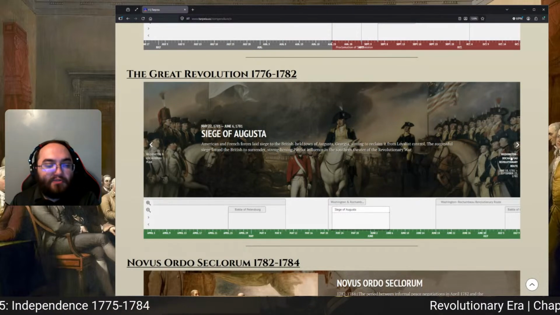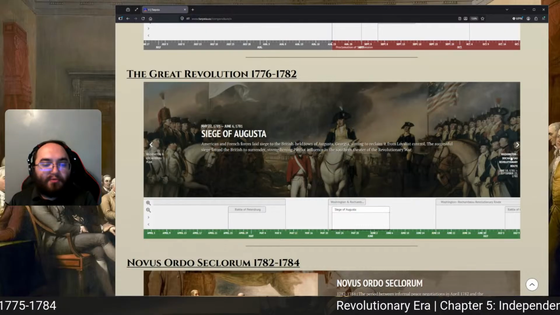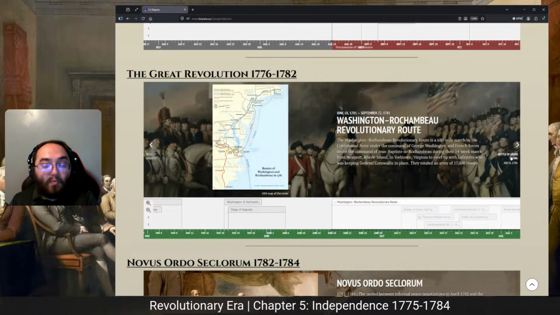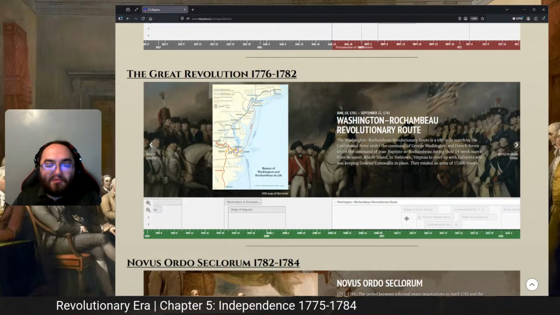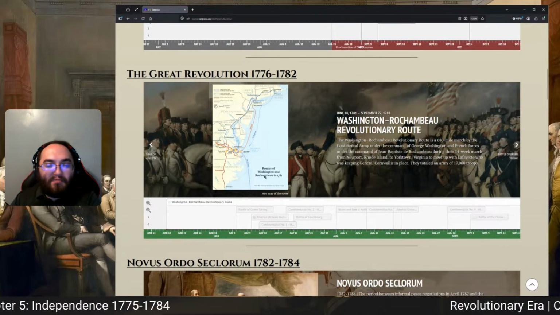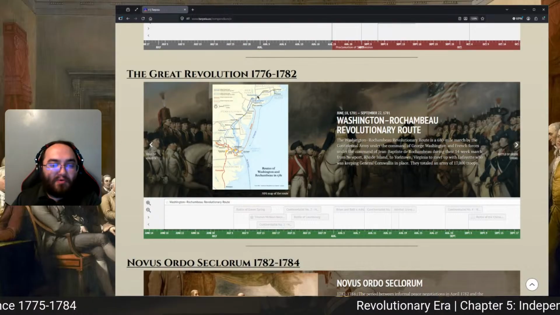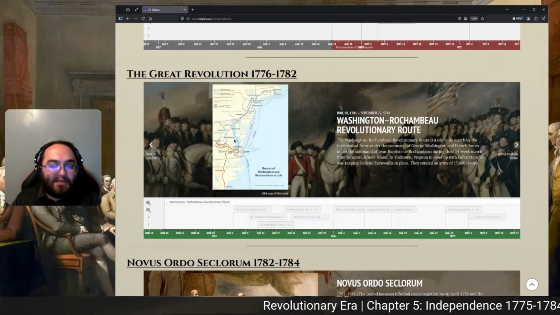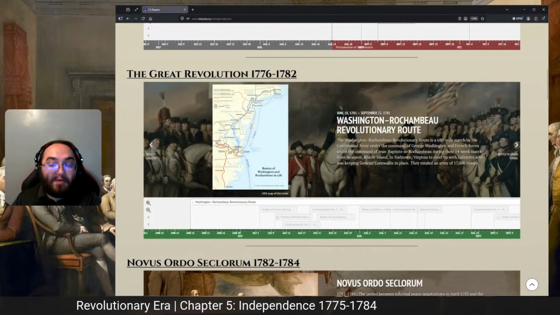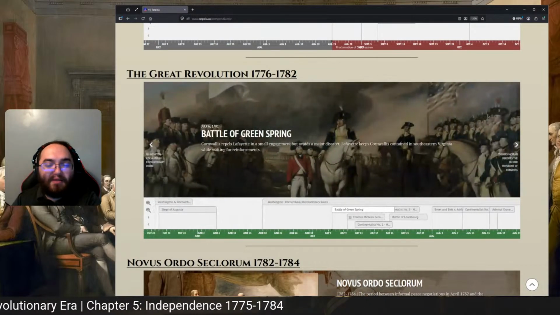The successful siege forced the British to surrender, strengthening the Patriot influence in the southern theater of the Revolutionary War. Then you have this massive 680-mile march of the Washington-Rochambeau March all the way down to Yorktown, where the final major battle of the war will take place.